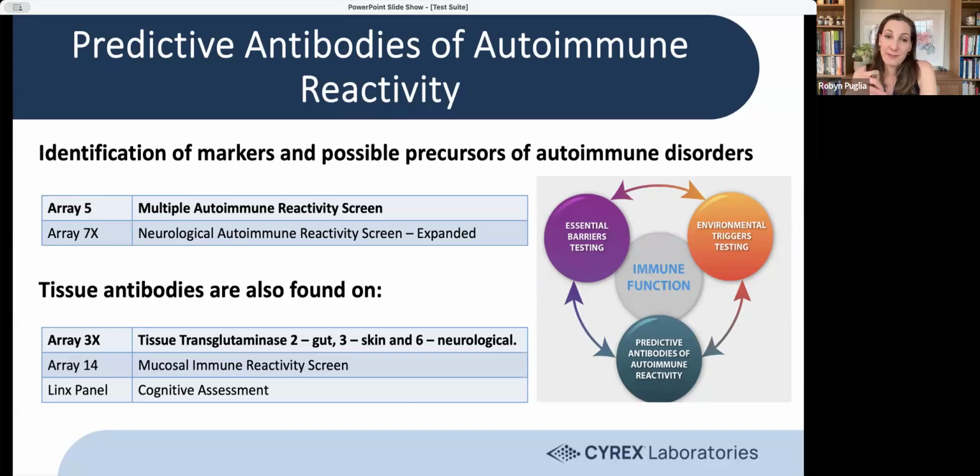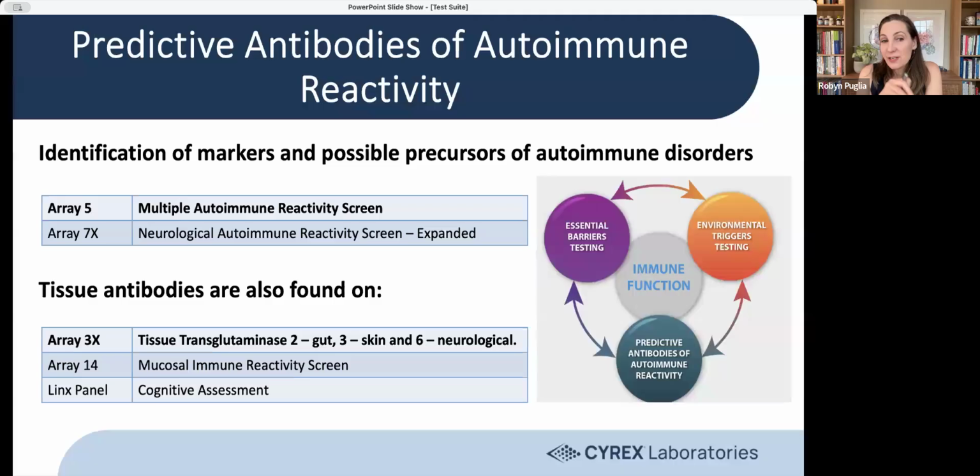Then we have transglutaminase 3, which is associated with gluten-reactive skin autoimmunity, including dermatitis herpetiformis. And then we have transglutaminase 6, which is associated with gluten-reactive neurological autoimmunity, including gluten ataxia.